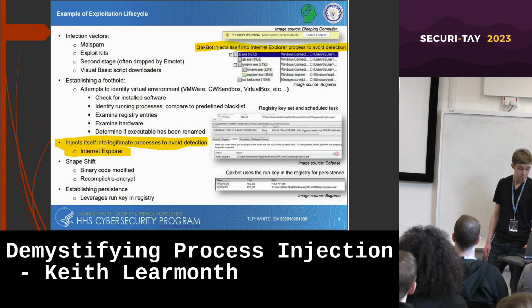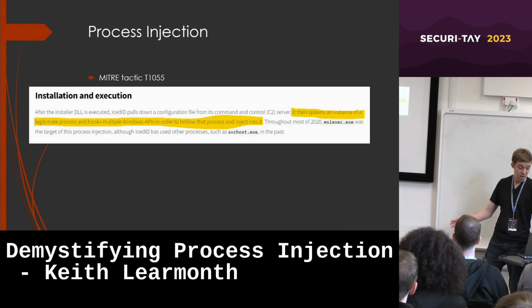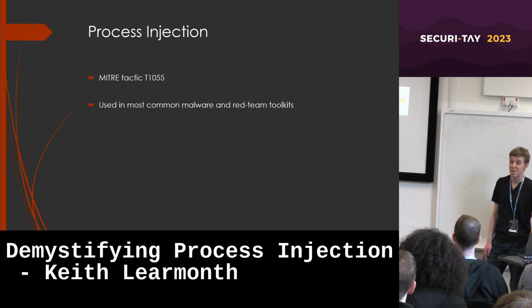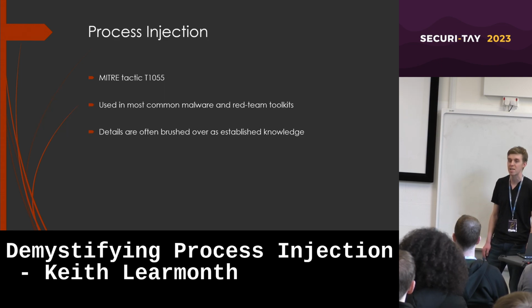In some threat intelligence reports, this is one CISA did for Qakbot, it mentions it injects itself into legitimate processes to avoid detection. Here's one from Red Canary for the IcedID Trojan. It also says that it hollows out a process and injects into it. All these reports brush over the idea of injection as established knowledge, something that you already know.